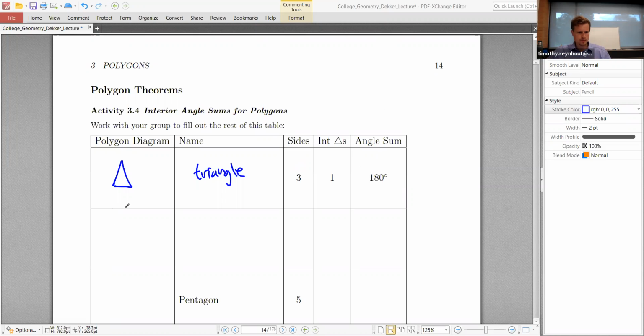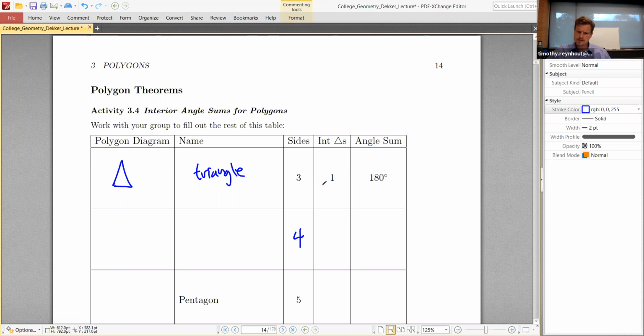So we can have a polygon with 3 sides, as we saw last time. That's a triangle, and this is just a generic triangle. And we gave a theorem that stated that the angle sum, the sum of the interior angles of the triangle, is 180 degrees.